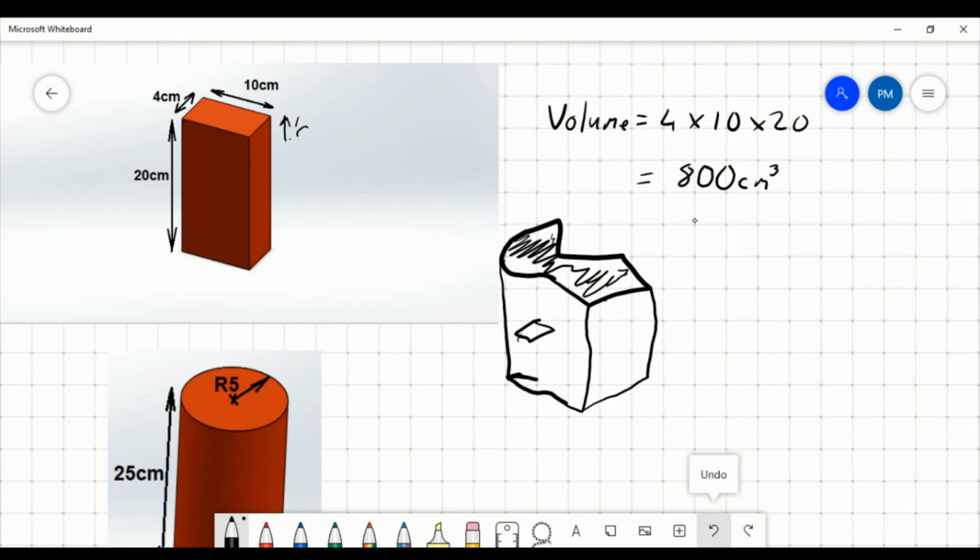But for the ones we're dealing with, we won't be doing that. But for these ones, if you could just find the area of this, all you have to do is then just multiply by the height. That's the only difference to find in the area questions.